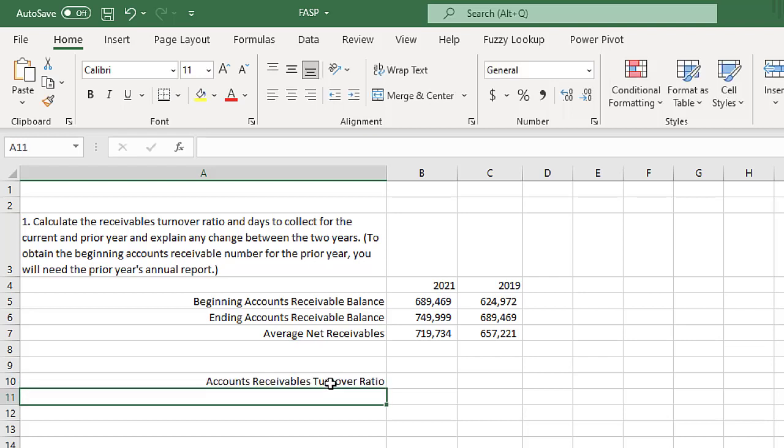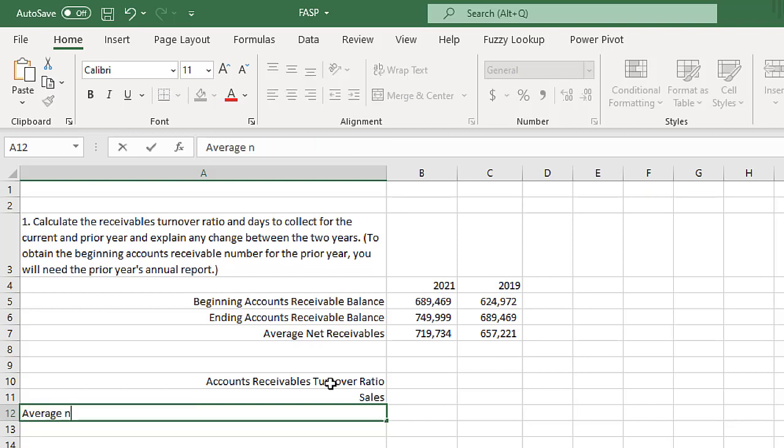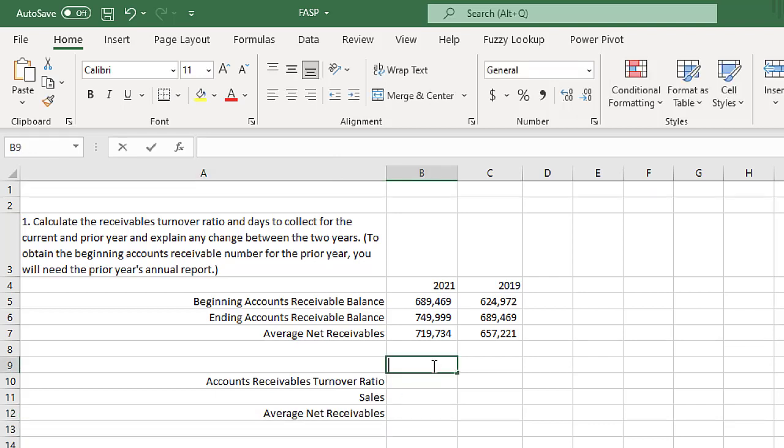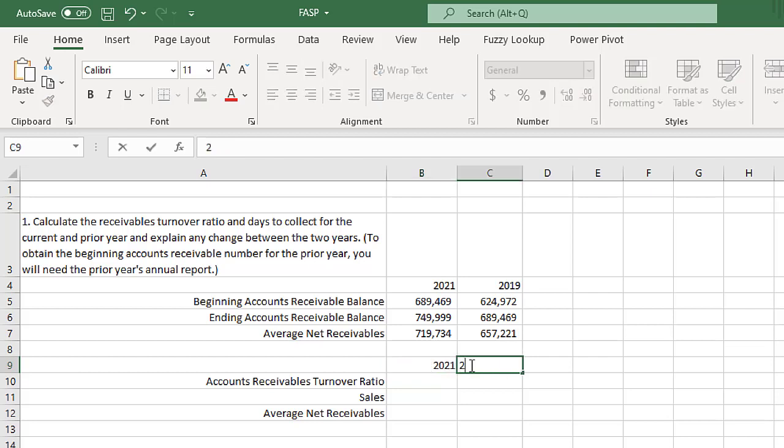And I know that that's going to be sales divided by average net receivables. And again, I'm going to do it for 2021 and 2019.